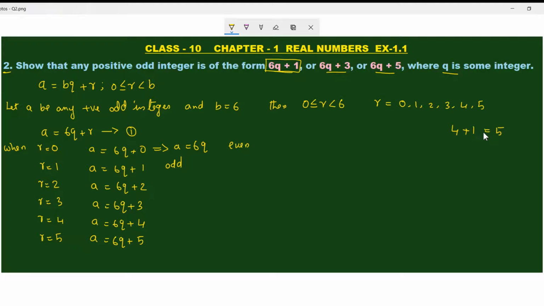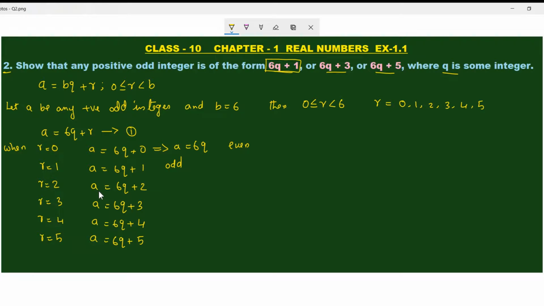The sum of these two numbers is 5. We have got an odd number. So in equation 2, A is an odd number.